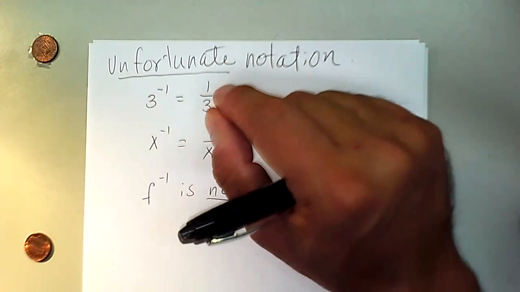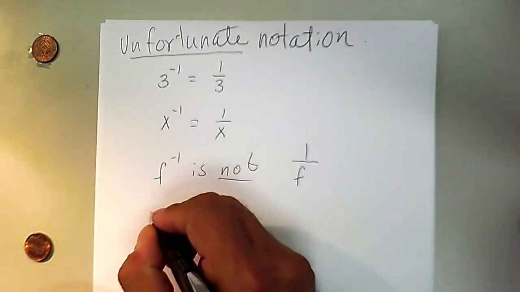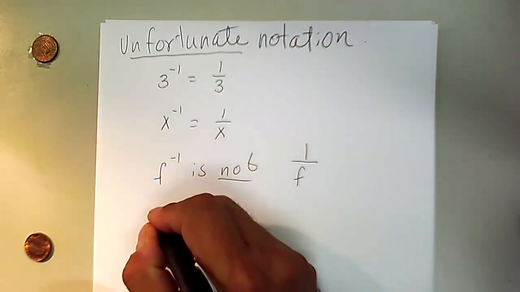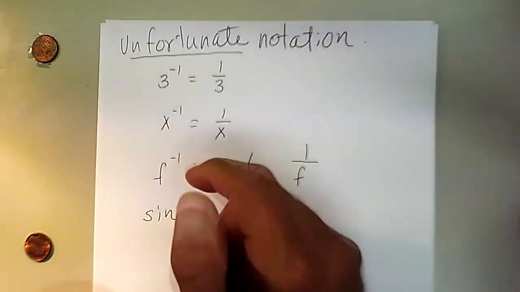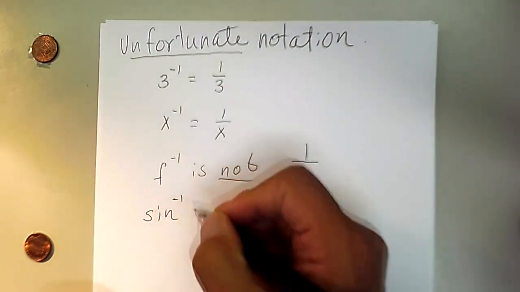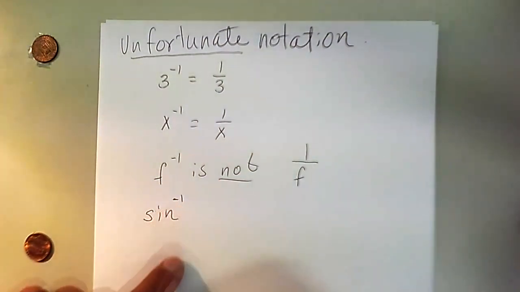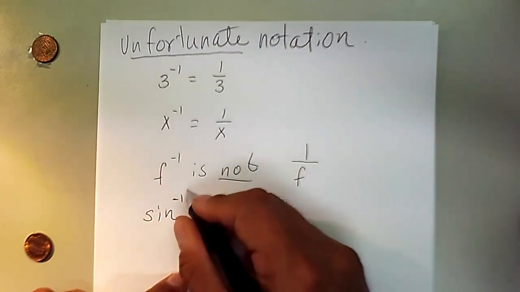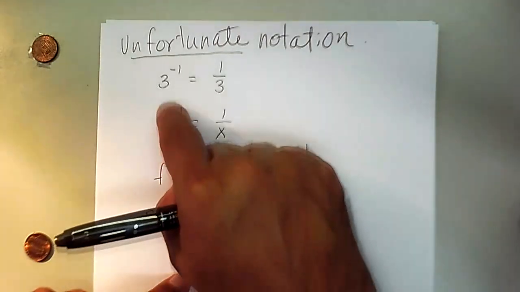Even in trigonometry, I see students confused, and by the way, this is very universal. It is widely known. This is the name of a function, sine, and its inverse would be this. Some people, to avoid that confusion, label it as arcsine, which is the same thing. So sine inverse, f inverse, reciprocal of x, reciprocal of 3.